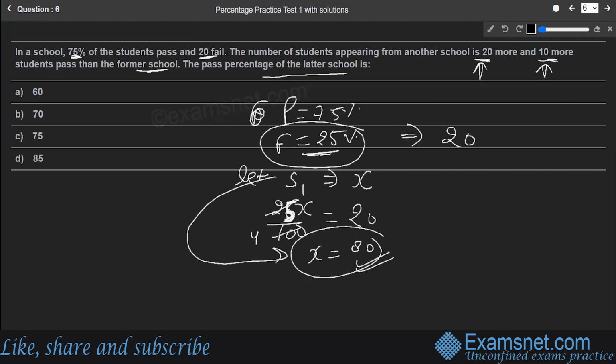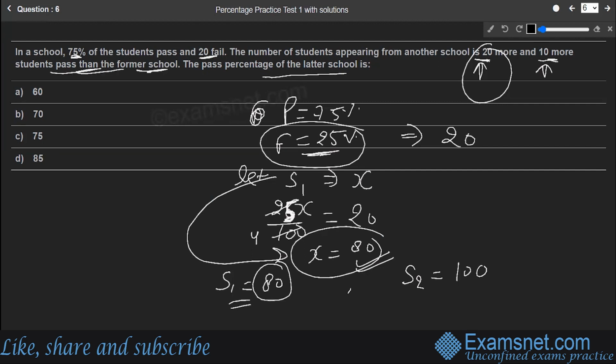Now school number one has a strength of 80. And he says the number of students appearing from another school is 20 more. So another school, let's say S2. If the first school has a strength of 80, the other school would have 20 more, so adding 20 to 80 makes it 100. So the next school has a strength of 100. Then he says 10 more students passed than in the former school.